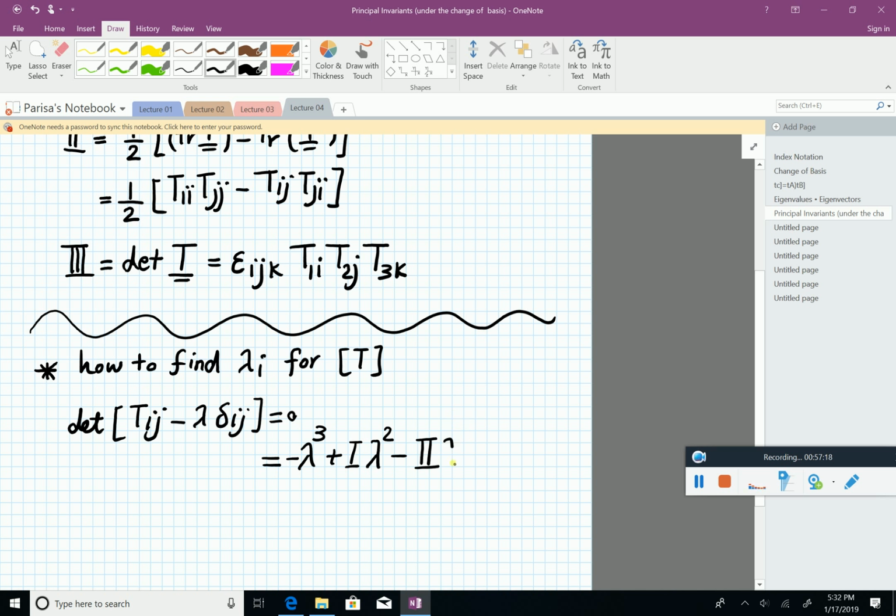And you have seen this before, but for homework, you need this, so I thought to remind you of that. And if you solve this, then you get the eigenvalues, and then you have to go to the definition to get eigenvectors, and you have done this before. Questions so far?